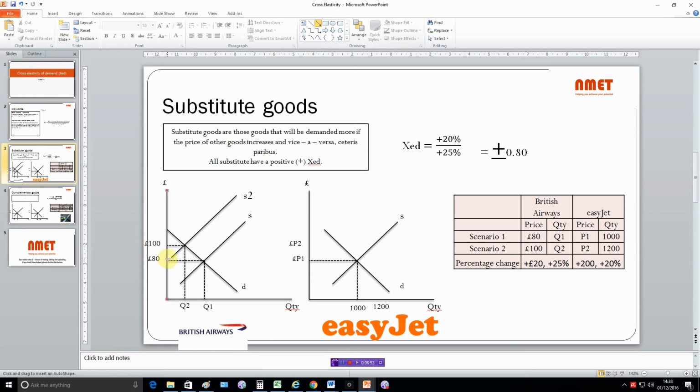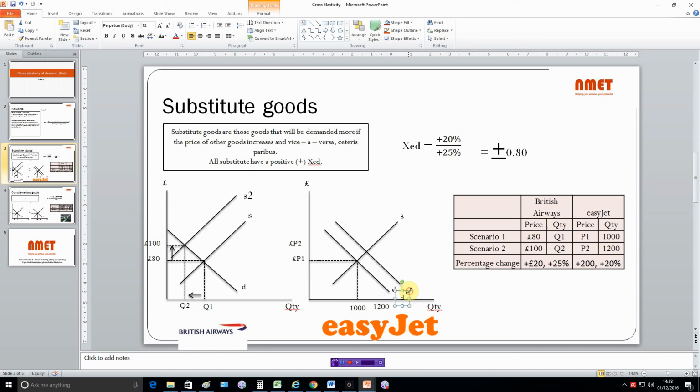The price has gone up from 80 to 100. And the number of seats has reduced from Q1 to Q2. On the other hand, people have moved from British Airways to EasyJet, increasing their demand. Substitution effect.